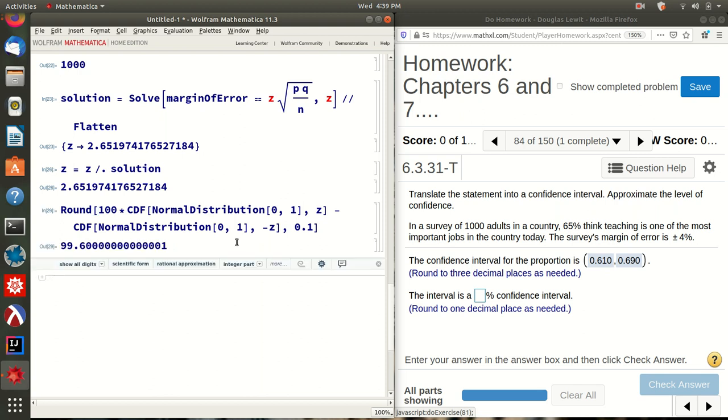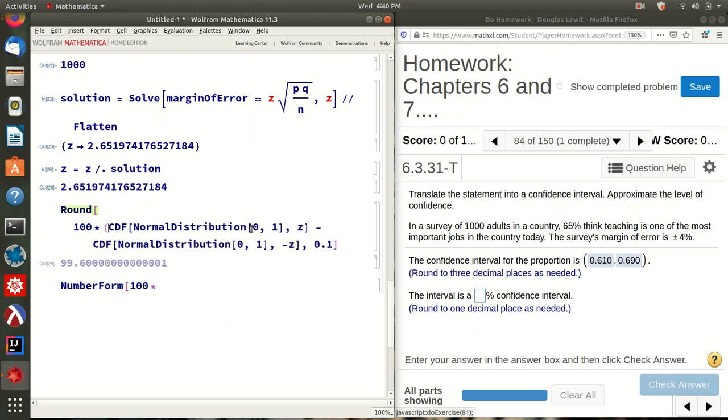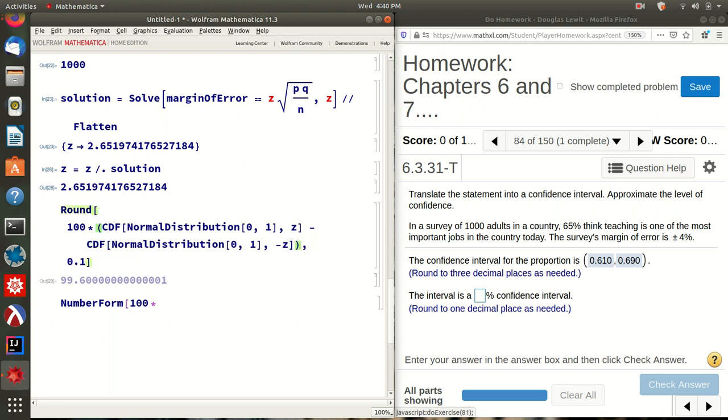So again, I'm getting way too many zeros. So it will make more sense for this problem to use number form, 100 times... Oh, no, I see what's wrong. I need to use parentheses. Hold on one second.